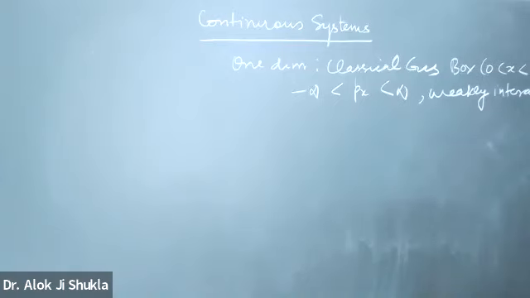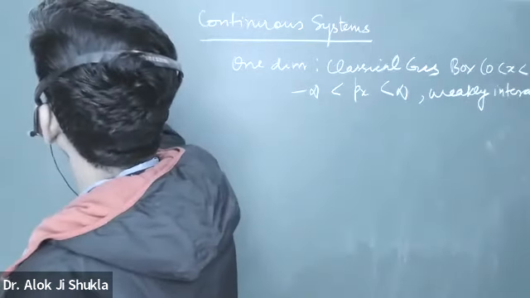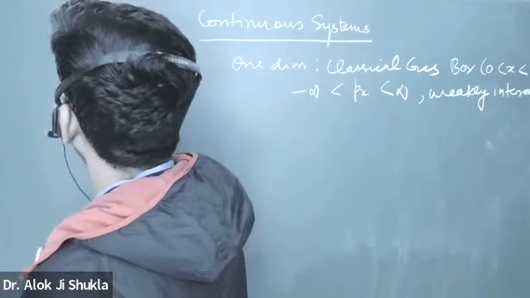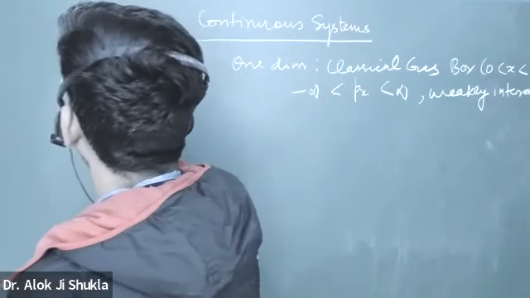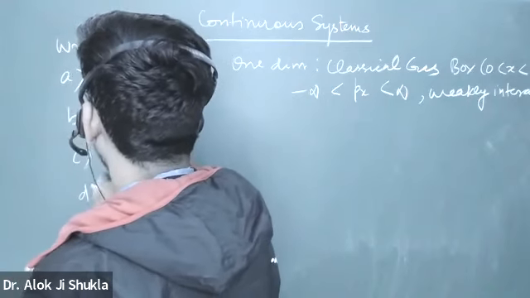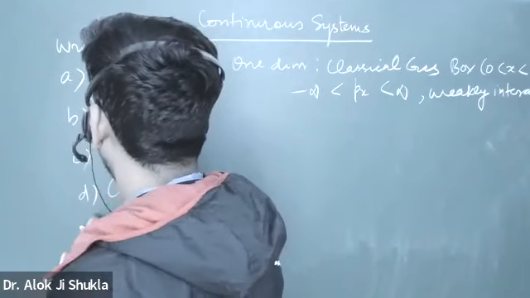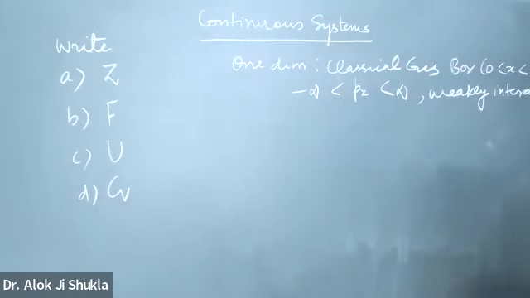Okay. So for such a system, we have to write the partition function, the Helmholtz free energy, the internal energy, the specific heat, everything we can write. So it is a classical gas, one-dimensional gas.